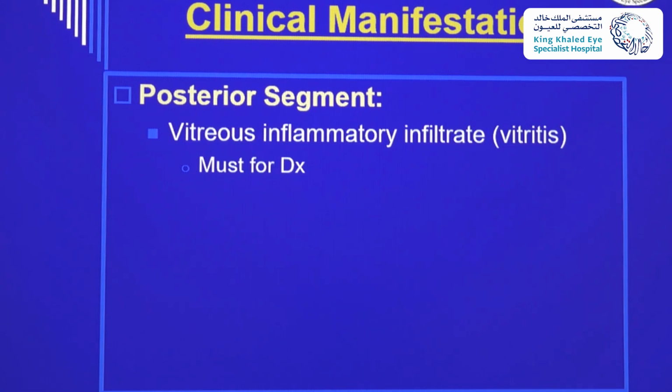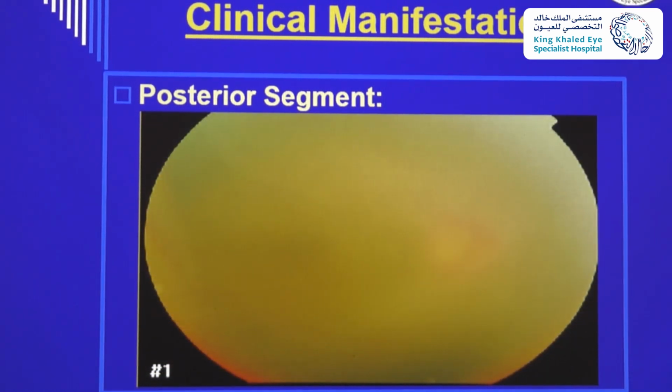When you are looking at these pictures, this really reflects vitritis. You can see we have almost diffuse, homogeneous vitreous opacities all over, and rarely can you see the disc. This could help you to differentiate from others.